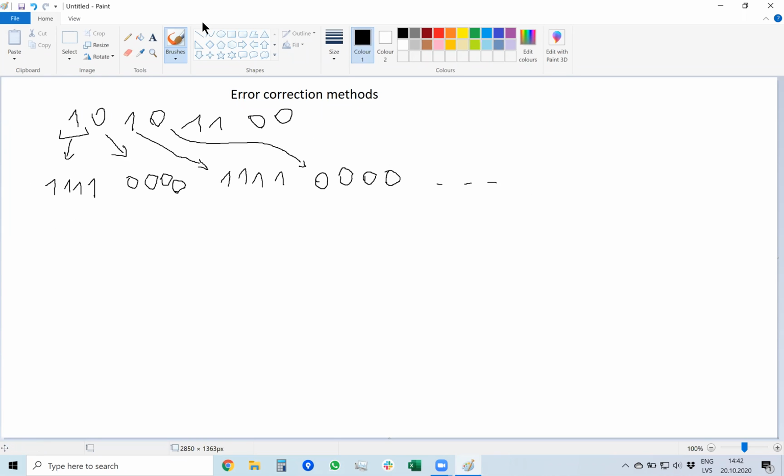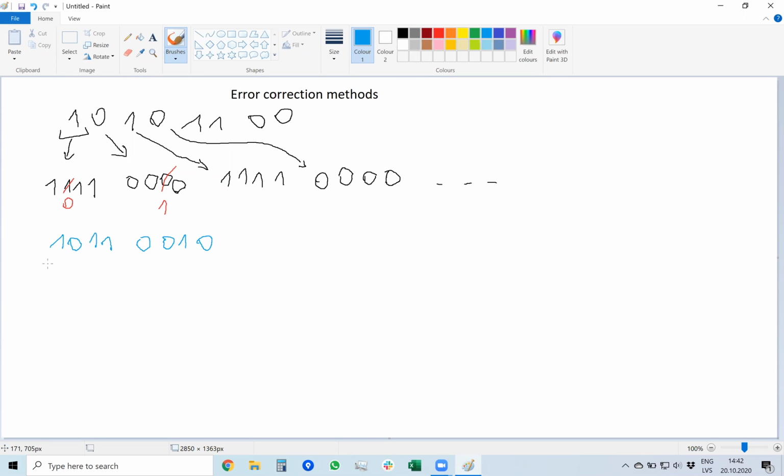And what happens is, let's say that some bits are changed during transmission. For example, this bit was damaged and turned into 0, and this bit changed to 1. So the receiver receives 1 0 1 1 0 0 1 0.